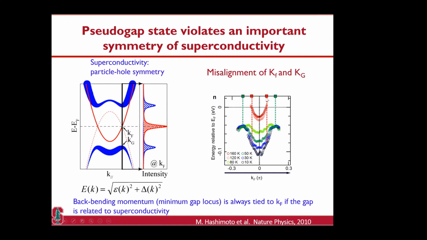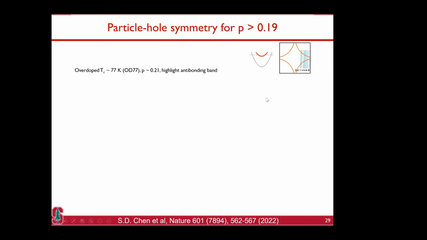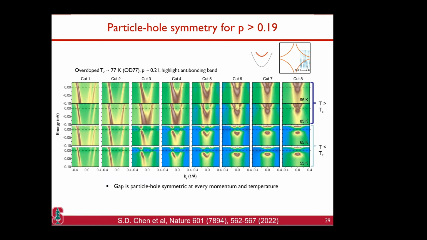Now, what about the overdoped regime? Here I show you data cuts in this entire range, taken with a sample above TC and below TC.